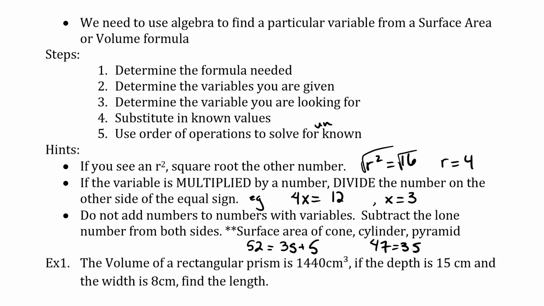Then we take that 47 and divide it by 3. It's not a nice number, okay? So s would be 15.67, or we could say 15.6 repeating. This is just an example that we need to remember: we need to subtract 5 from both sides. Don't try to say 3 plus 5 is 8, okay?